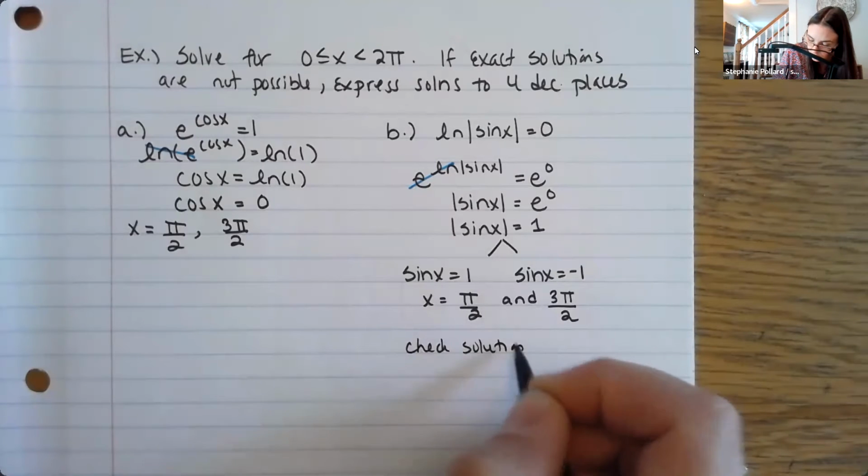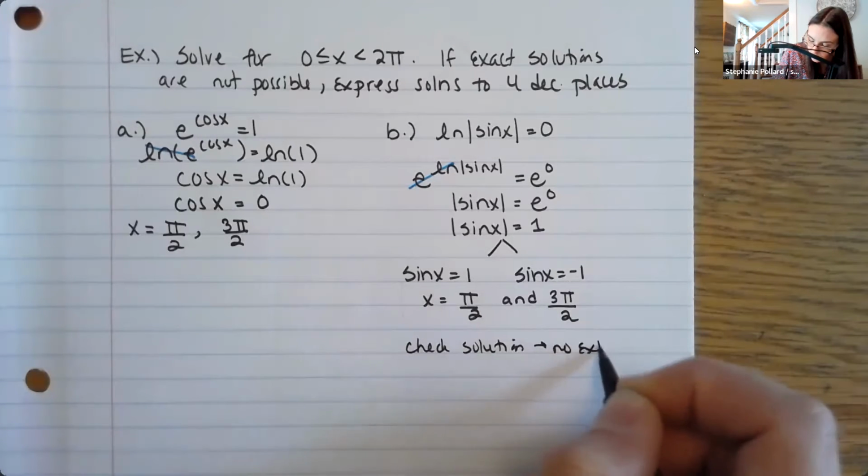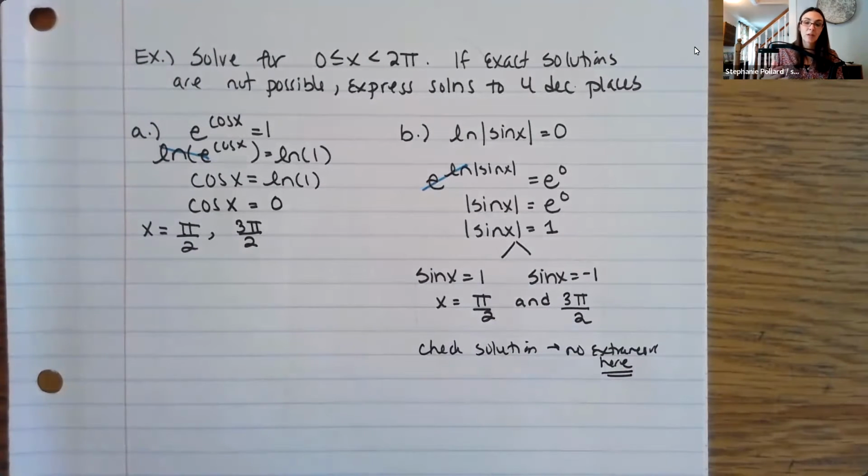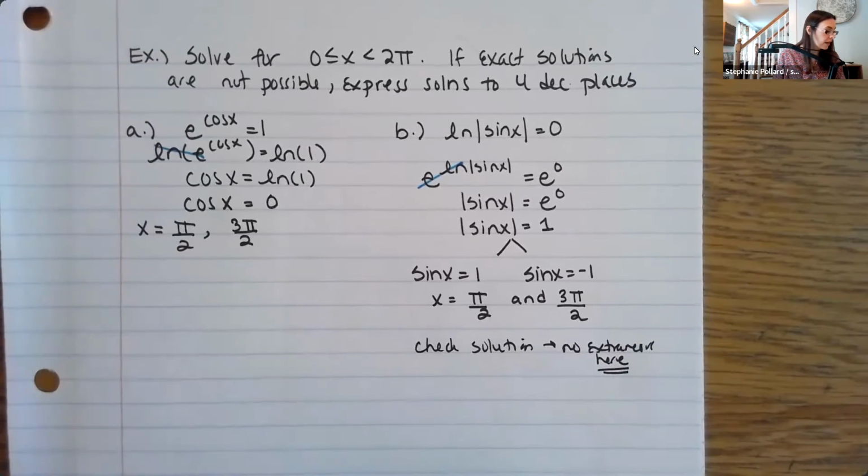No extraneous here. I'm going to skip that part because our videos are getting kind of long. But just a reminder that, whenever you're using powers, it's a good idea to check your answers and make sure you have no extraneous solutions. So neither of these have any issues and they both work out fine.